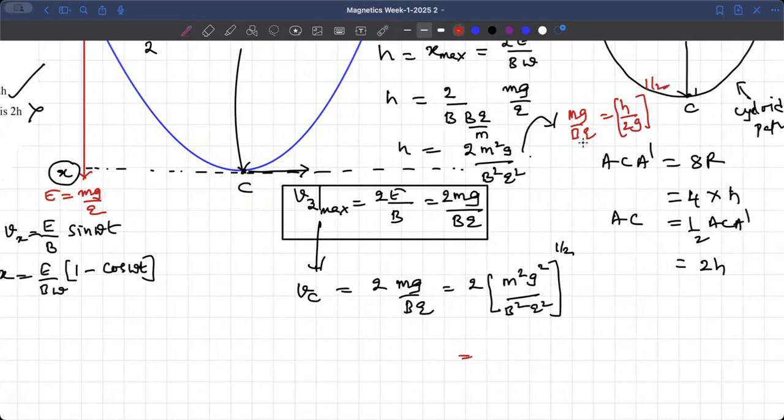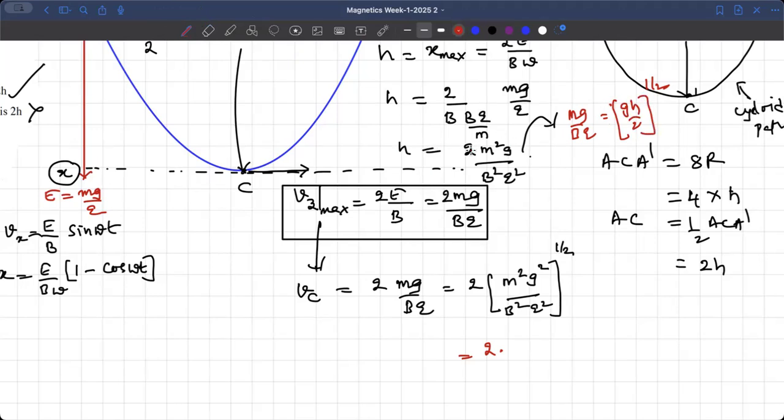So therefore, mg by Bq squared is nothing but m squared g squared by B squared q squared, h by 2g. Small mistake. At both the sides, g. Multiplying both the sides by g, mg by Bq is gh by 2 whole power 1 by 2.